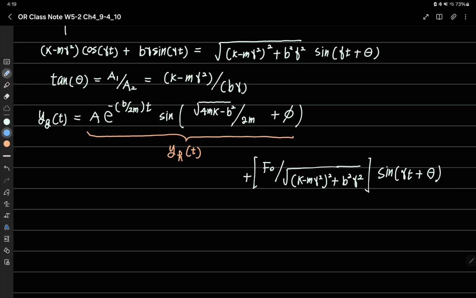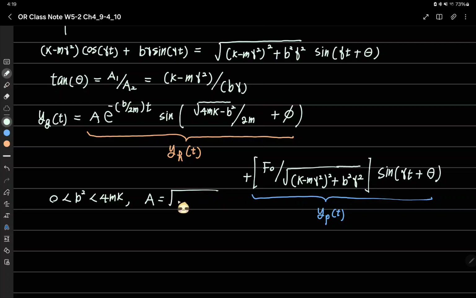Okay, so that's the particular solution. In this case we assume that b squared is less than 4mk, and here A is the square root of c1 squared plus c2 squared, and theta is the arctangent of c1 over c2.